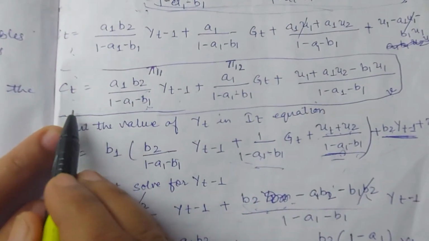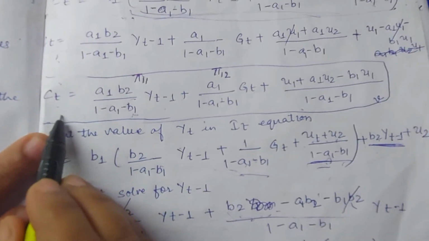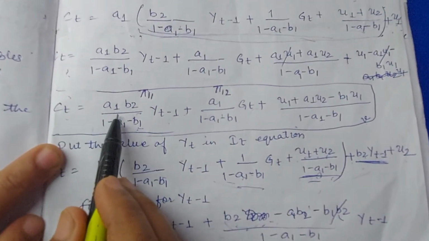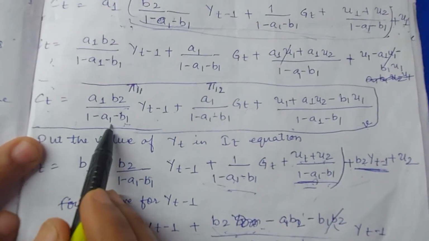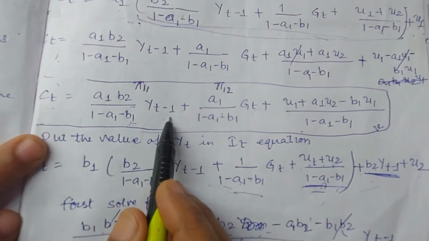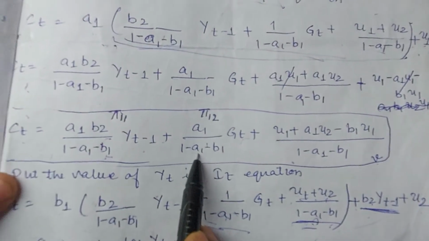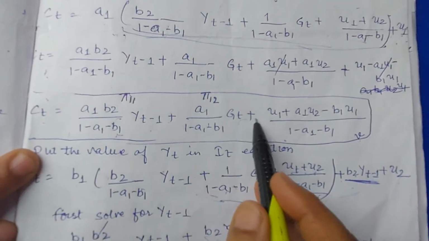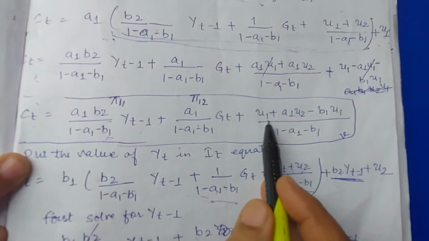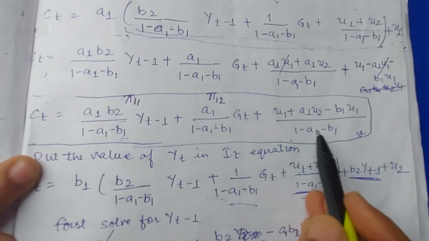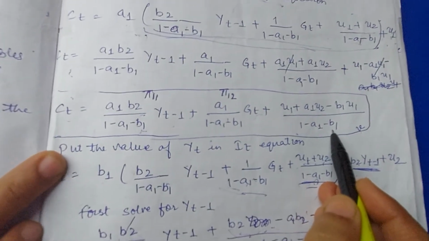We can write the final form of Ct equation like that. Ct is equal to a1 b2 upon 1 minus a1 minus b1 Yt minus 1 plus a1 upon 1 minus a1 minus b1 Gt plus mu1 plus a1 mu2 minus b1 mu1 upon 1 minus a1 minus b1.